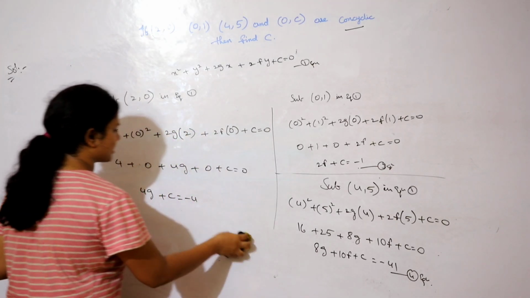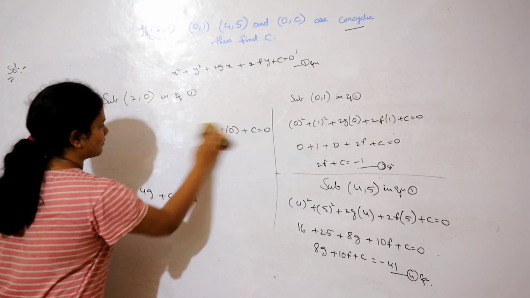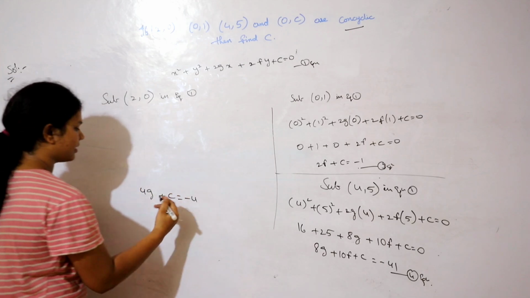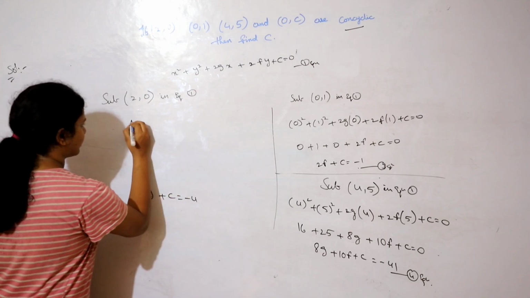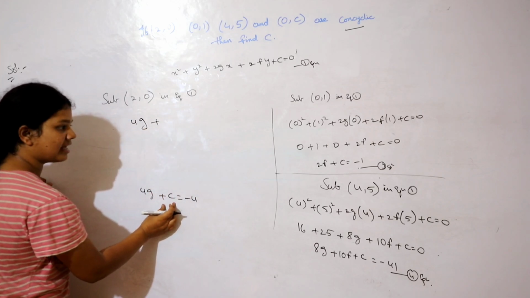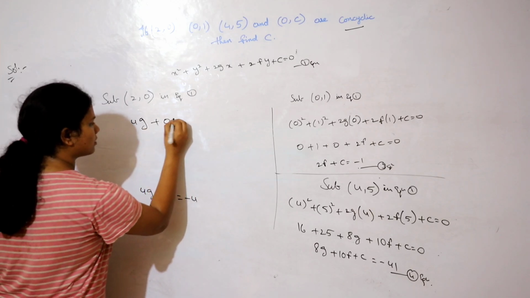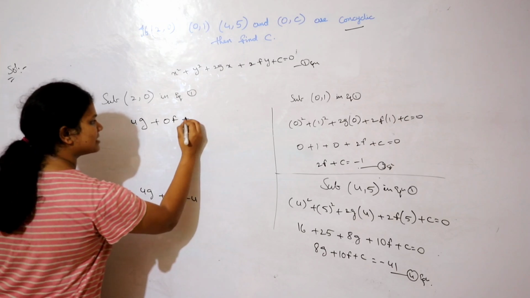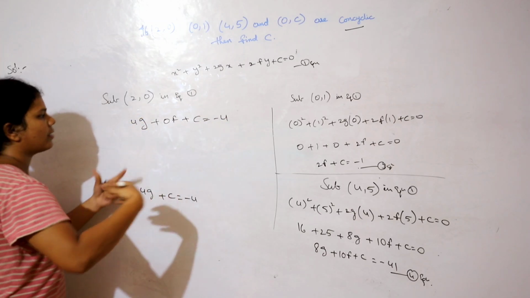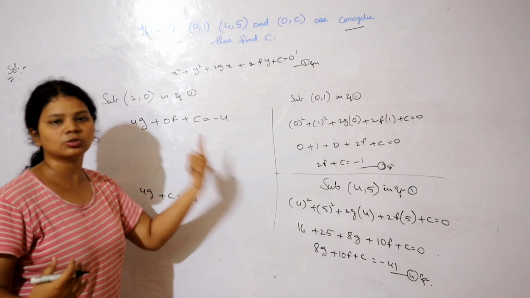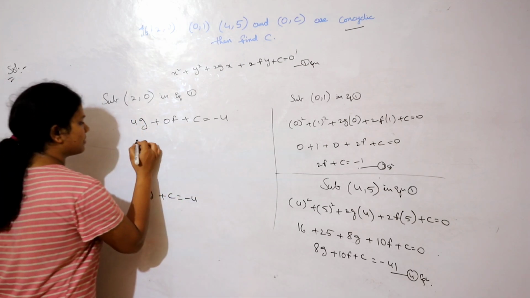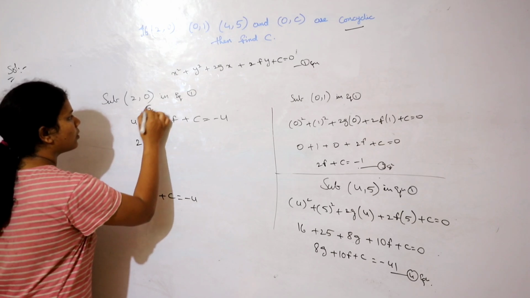Here you are having the second equation, so I'm not going to erase it. Let's take some gap. Here I'm not having any f value, so I just write 0f plus c equals minus 4, because I want to treat it as having a variable over here, so I've taken 0. Solve equations 2 and 3.